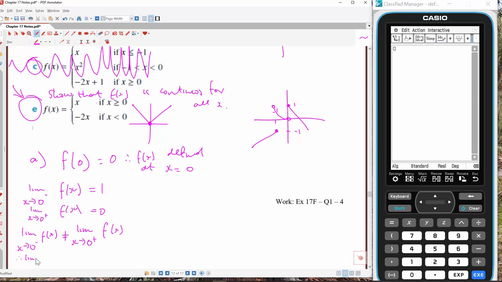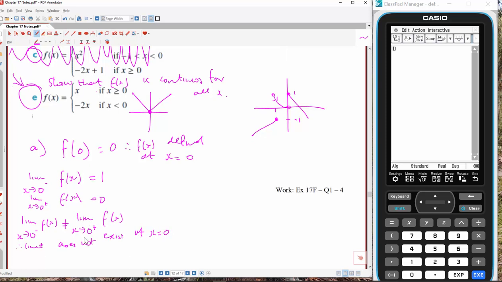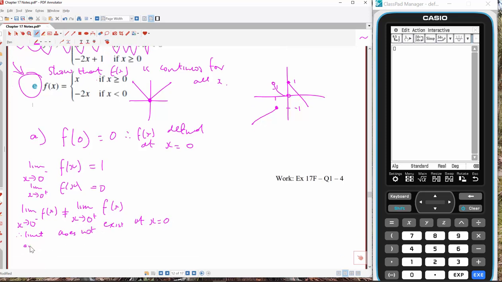Therefore, the limit does not exist at x equals 0, and thus, because the limit doesn't exist, the function is not continuous, or has a discontinuity.